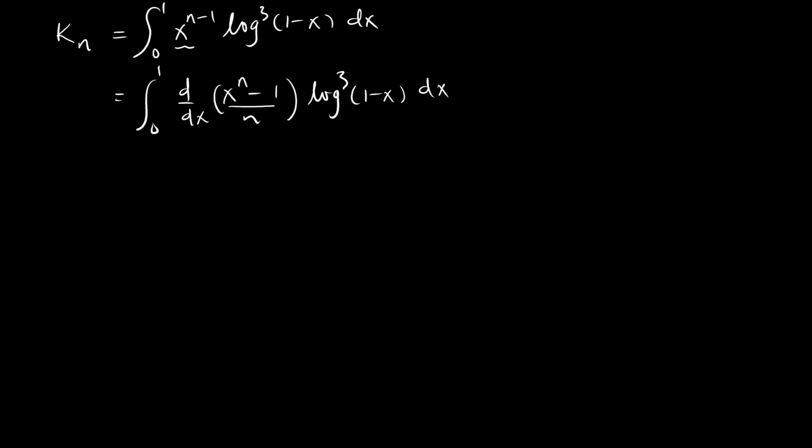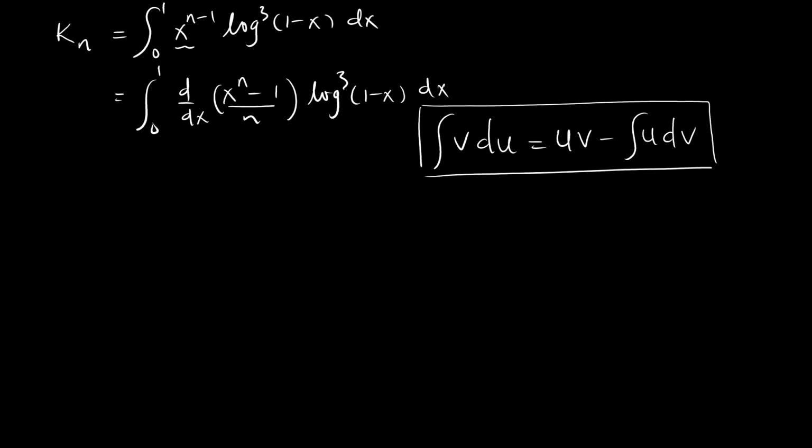And then we'll use integration by parts, which says that if that is an integral of the product of a function v and the derivative of function u, then when you integrate that, you get uv minus the integral of u times the derivative of function v.